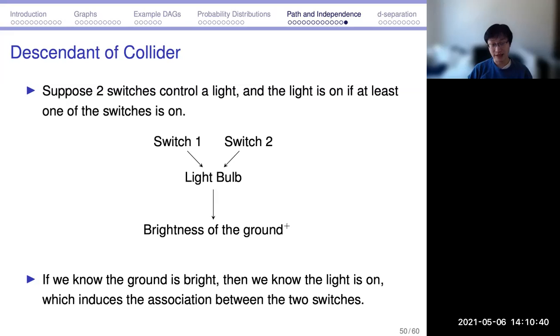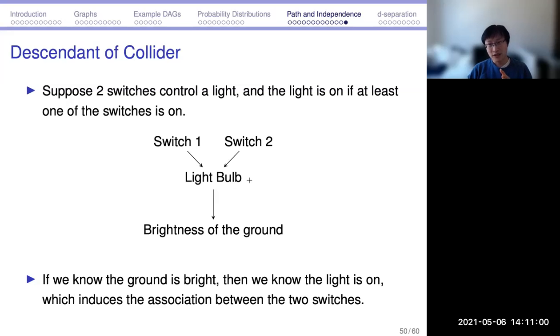In this case, if we're conditioning on this descendant of the collider, if we know, for example, the ground is bright, then we have information about the collider. Here it is deterministic information, but usually we have some probabilistic information about the collider.